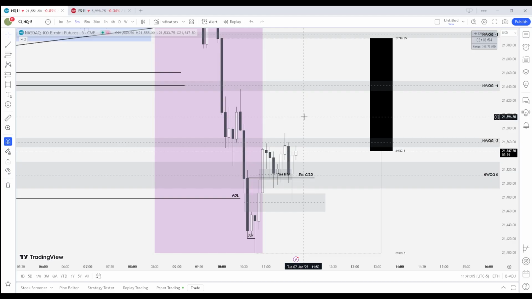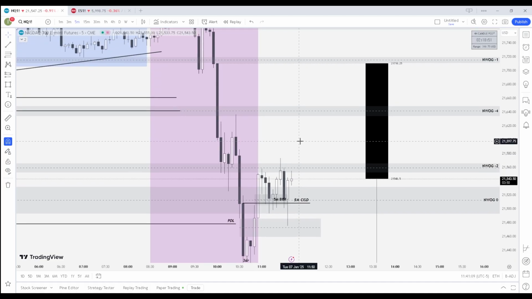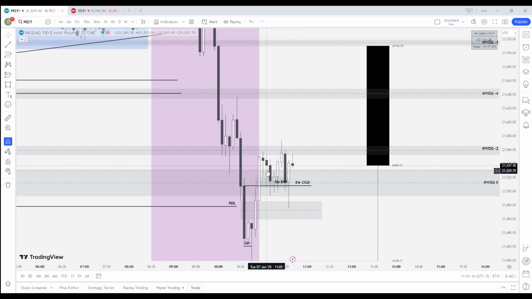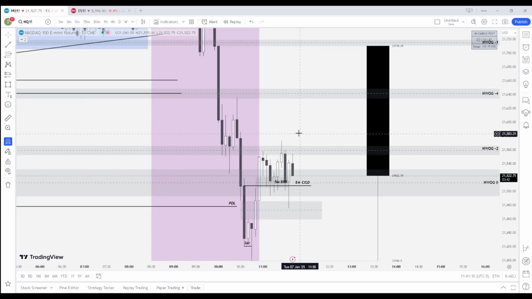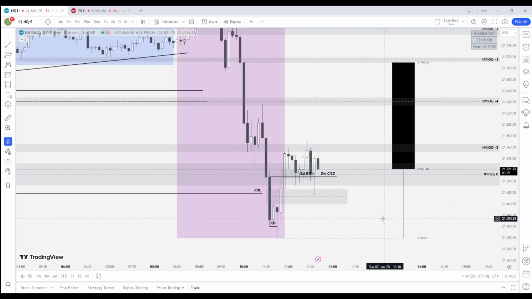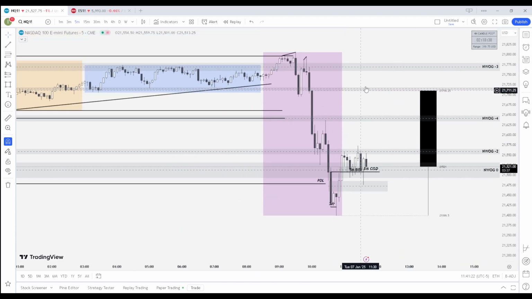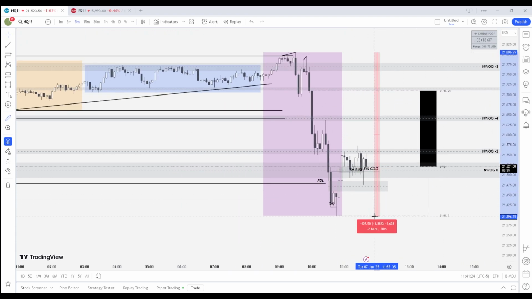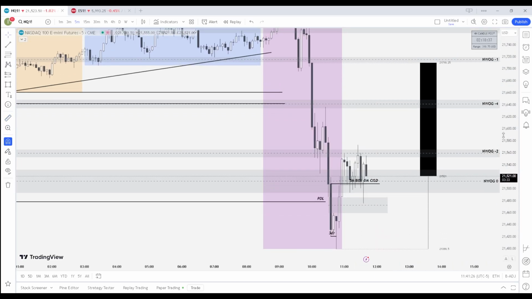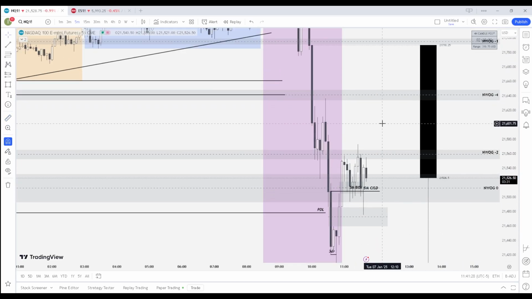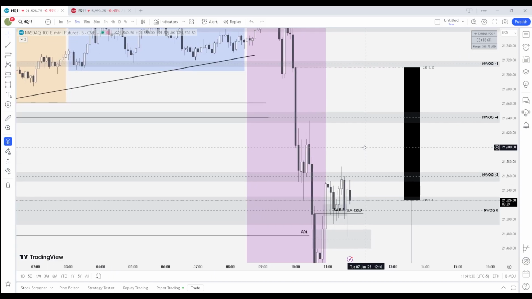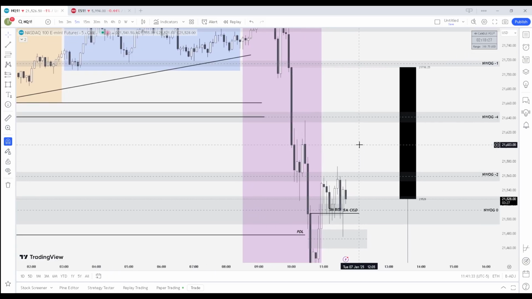And I might take a trade during the 11:50 macro, but probably not, because as you can see, we're just kind of consolidating here, and we already did have this huge move down, it's 400 points. So I wouldn't really be expecting too much of a move higher anyways, right?